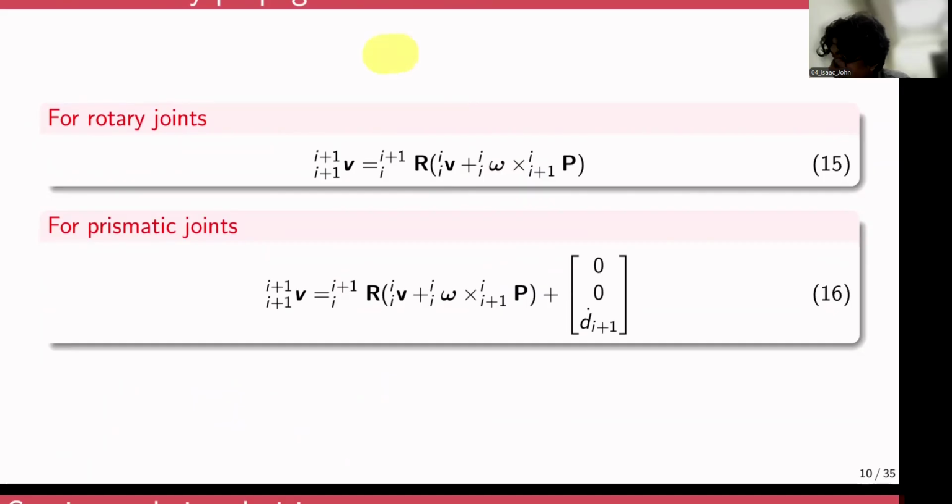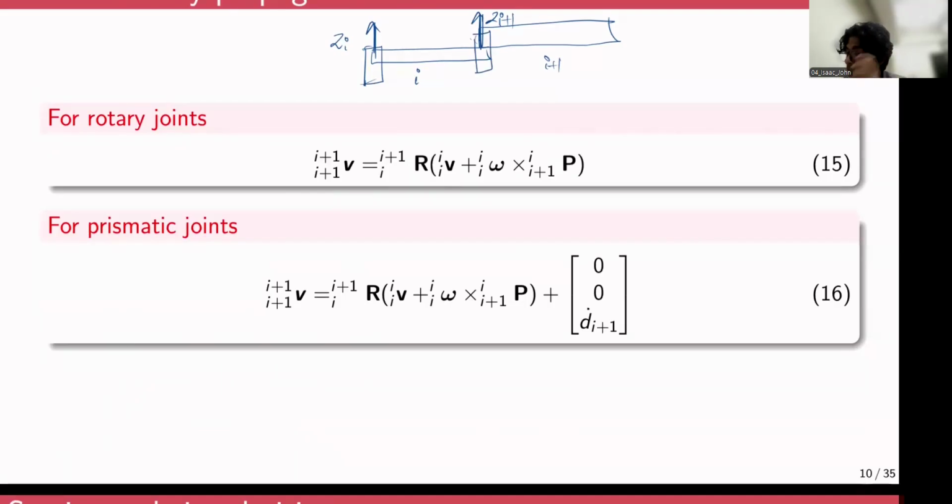For example, if you have a link like this, the ith link, and you have an I plus 1th link, with Zi attached to the ith link and Zi plus 1 attached to the I plus 1th link. For the time being, you can consider all of these joints to be revolute joints, rotating about a vertical axis.